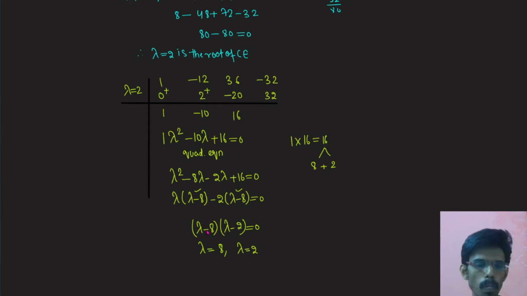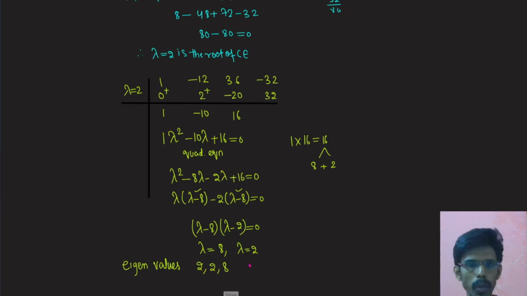We got all the eigenvalues, or we say characteristic roots, that is 2, 2 and 8. Here 2 is repeated twice.